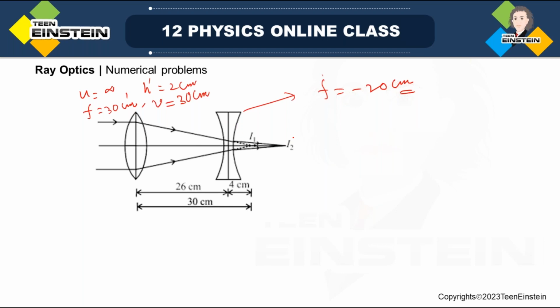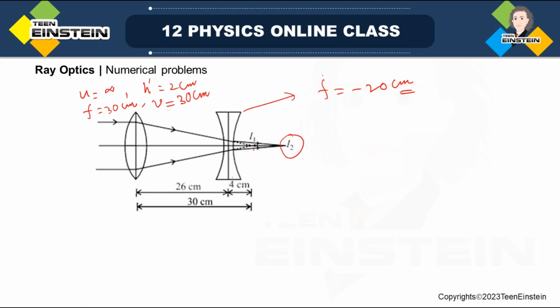Then finally the image will be formed at I2. So you need to find out the final image size. You know the position of the image from the convex lens, that is 30 centimeter. Now this concave lens is at 26 centimeter, as you see in the figure.